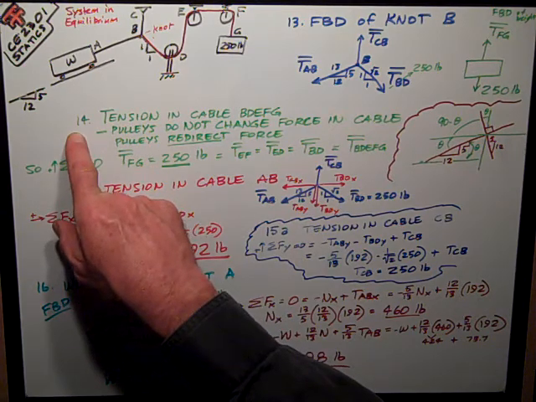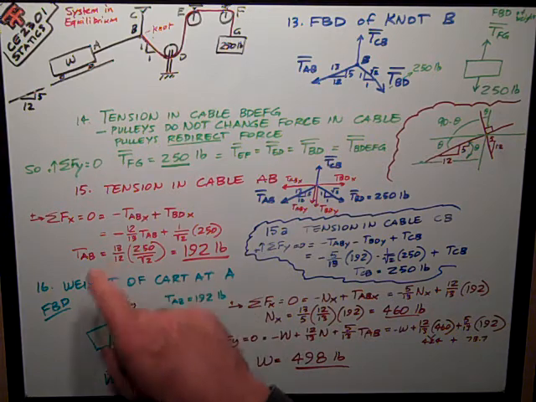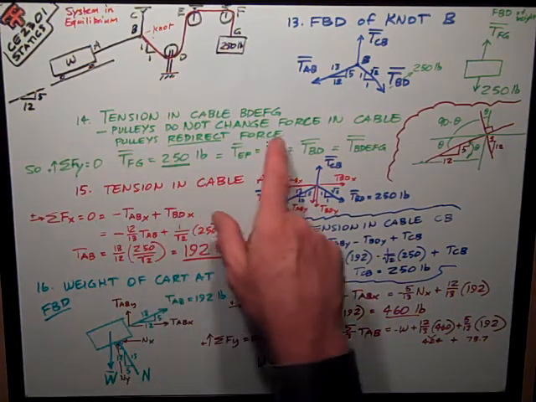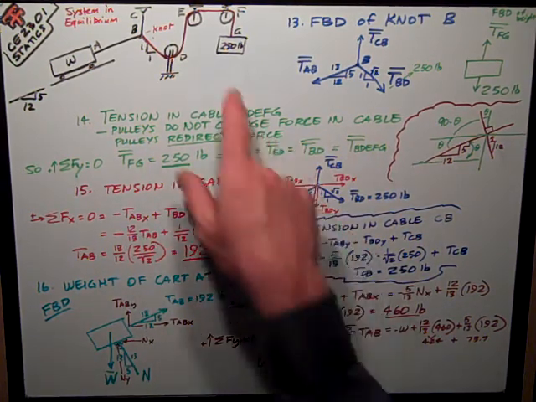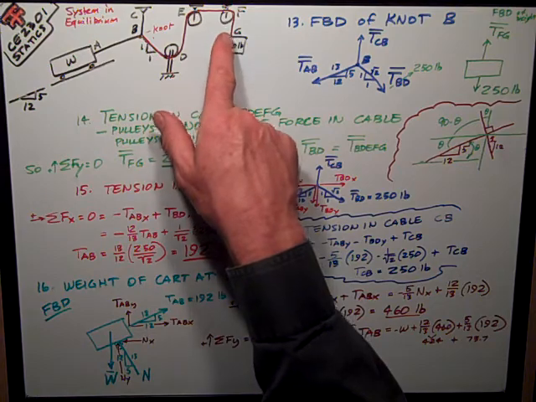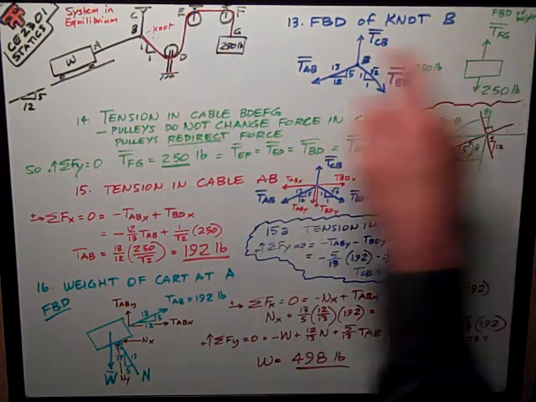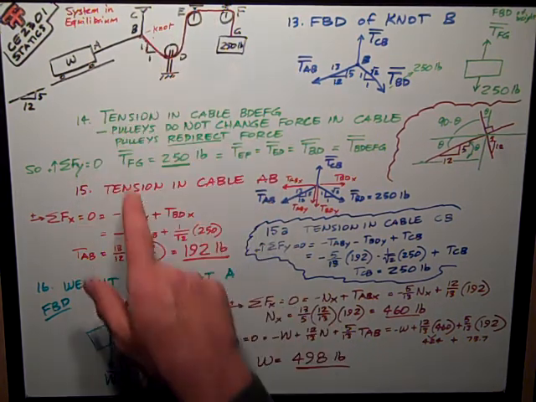Second part of the problem was number 14. We want the tension in the cable BDEFG. Here we're going to use the rule of pulleys, which is that pulleys do not change the force in a cable. They merely redirect the force. So if it's 250 pounds in that cable FG, which I got from the free body diagram, it's 250 pounds here, here, and here.